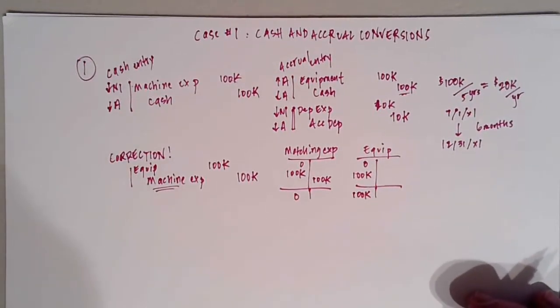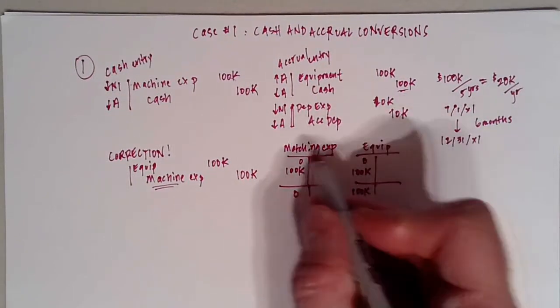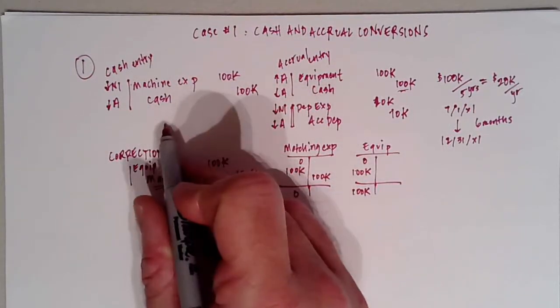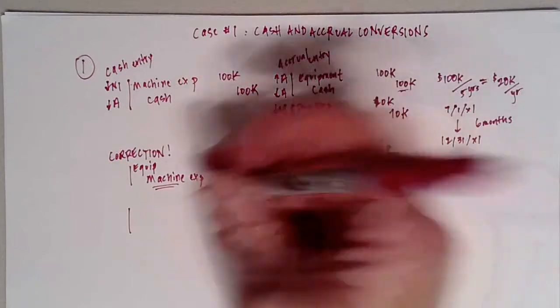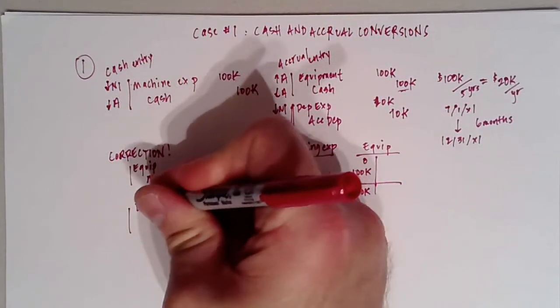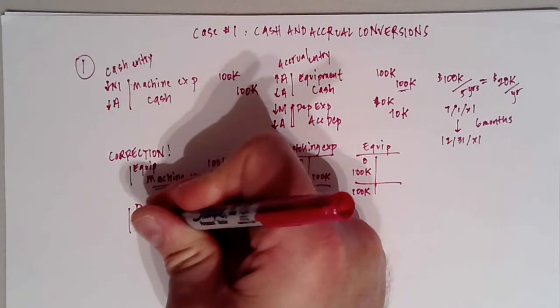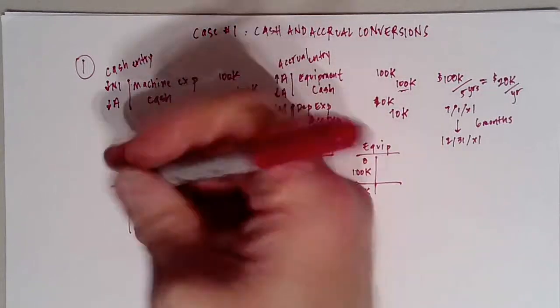Now, of course, the second thing that we need to do is record the appropriate adjusting entry, and that is just as simple as recording this entry. Since none of it was over here, we can just record it to put it into play. So now we have depreciation expense of $10,000 and accumulated depreciation also $10,000.